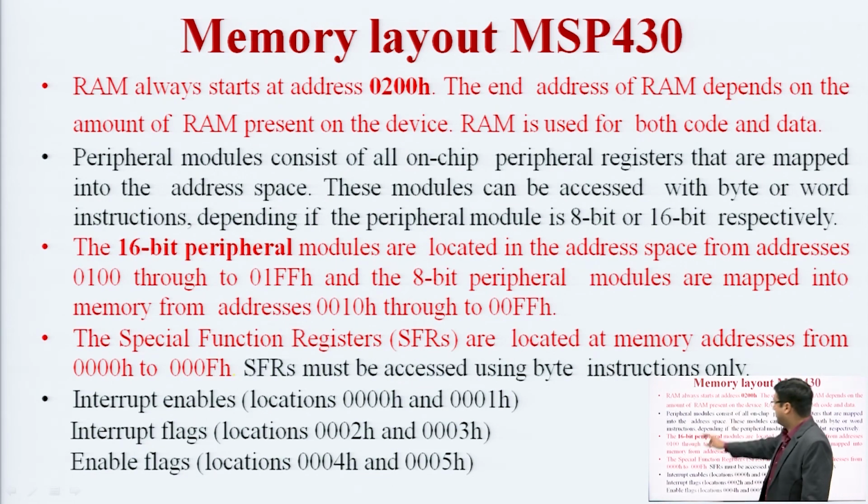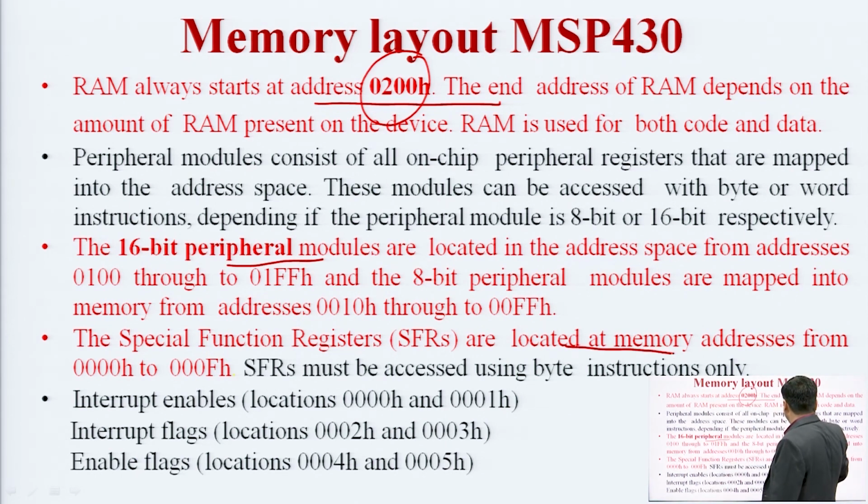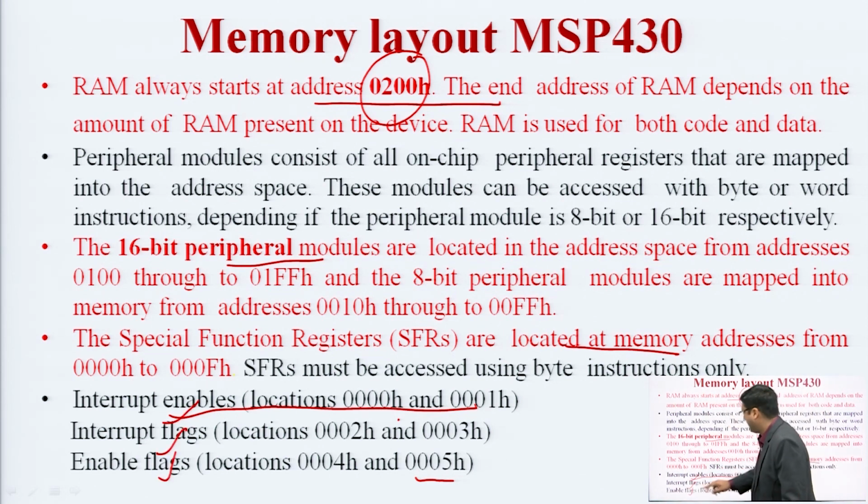There is RAM space available from 0200, and there are 16-bit and 8-bit peripherals available. We have seen their address ranges, and in the last there is an interrupt vector table. Interrupt enables, interrupt flags and enable flags are available in the memory layout of the MSP430.